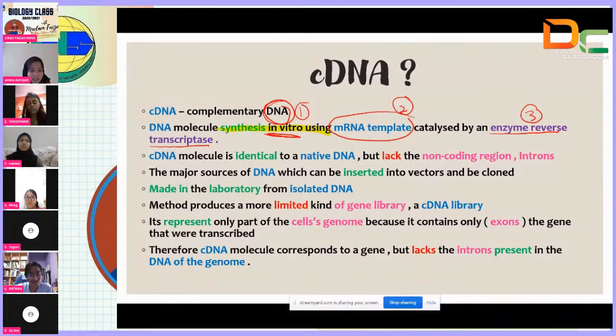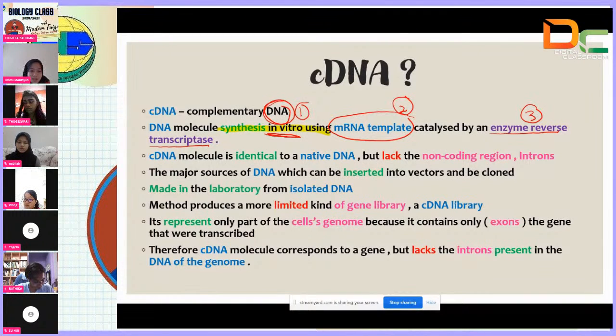cDNA molecule is identical to a native DNA but lacks the non-coding region, which is introns. Then it is the major source of DNA which is inserted into a vector and cloned. cDNA is made in the laboratory. With the cDNA method, they produce a limited kind of gene library, which is a cDNA library.